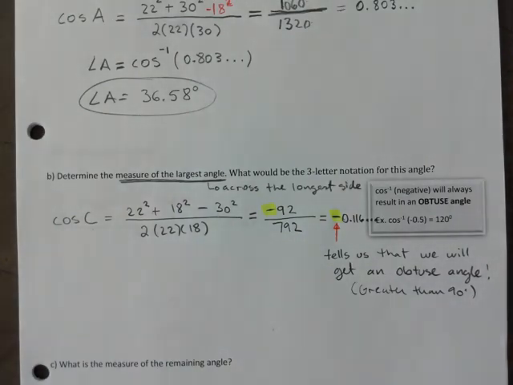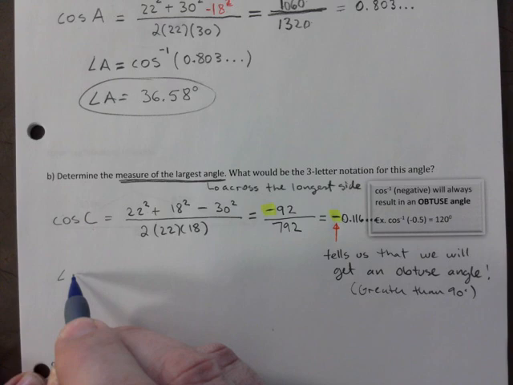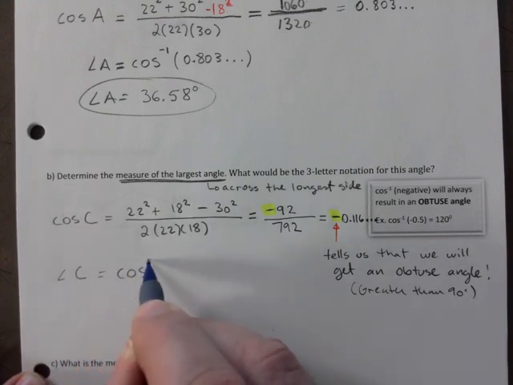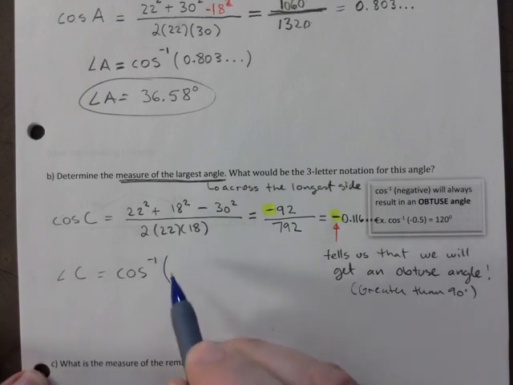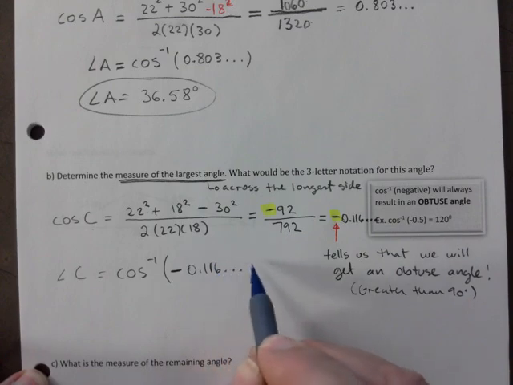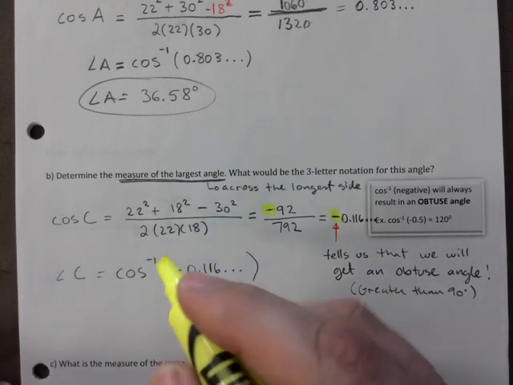So now we can do that final step. Angle C is cosine inverse of negative 0.116 and so on. It's important to get the negative in here somewhere using your calculator.